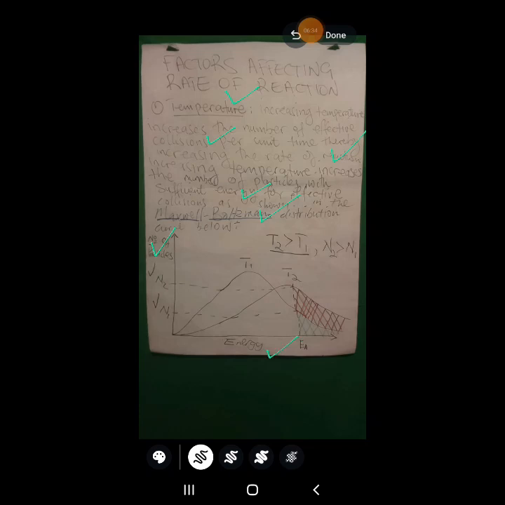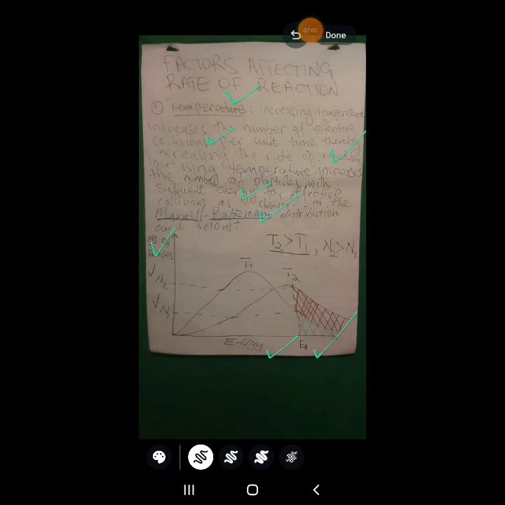On the horizontal axis, it shows you the energy, the amount of energy. Now, I need you to pay attention to this value on the horizontal axis, EA. What is EA? It is the activation energy. Now, that is the minimum amount of energy required for effective collisions.